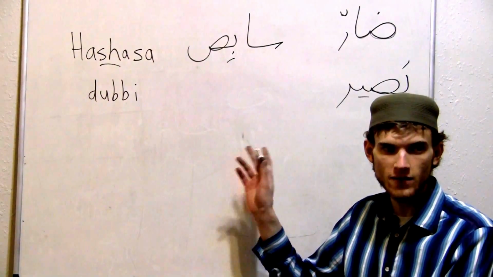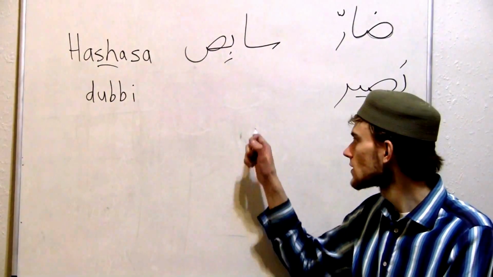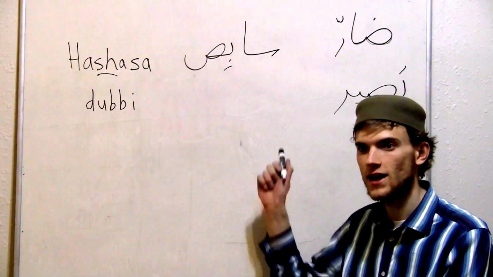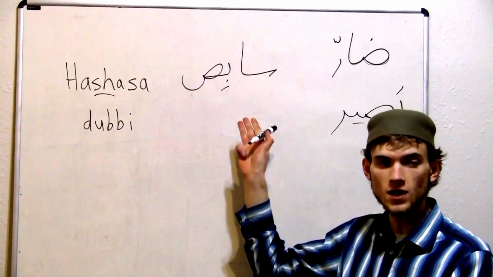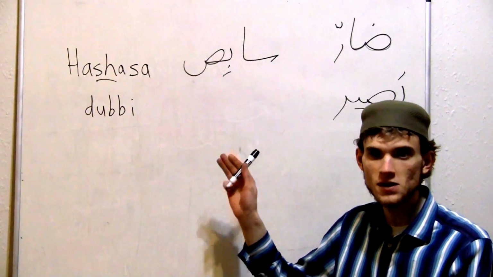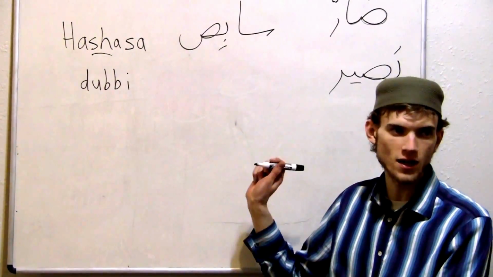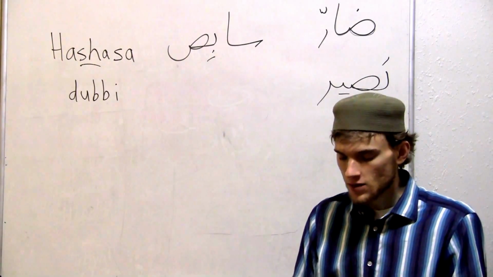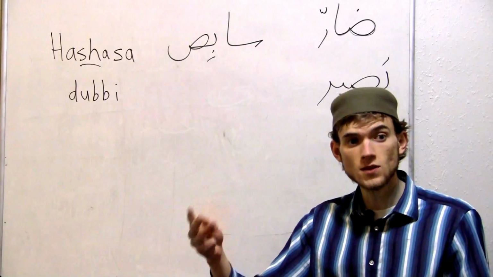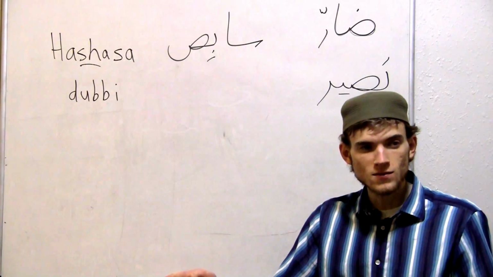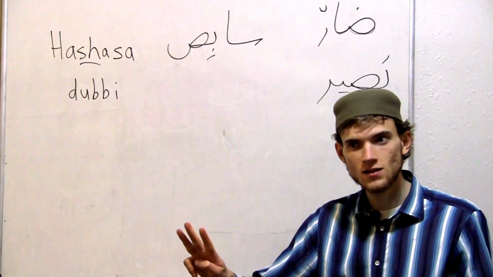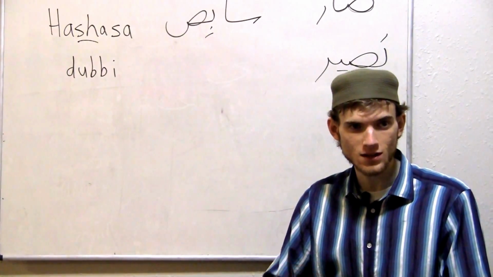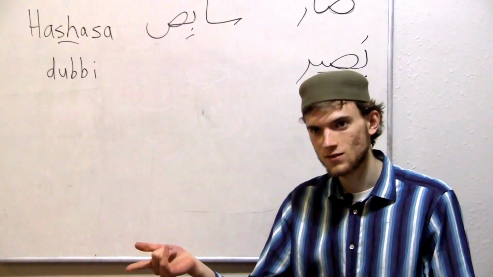So for example, we have ba, ta, tha, right? With ba, there's a dot under the line, ta, 2 dots over the line, tha, 3 dots over the line. Similarly, jim, under the line, ha, no dots, kha, 1 dot over the line, right? So when we say sin, shin, sad, dad, we know that sad doesn't have a dot, and then after it comes dad, which does have a dot. Dad has a dot, right?